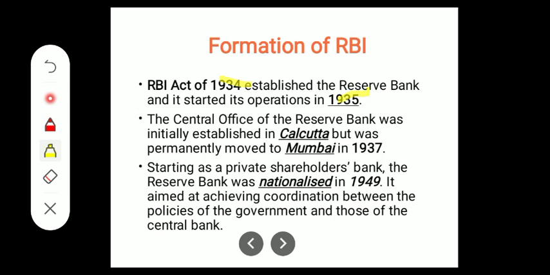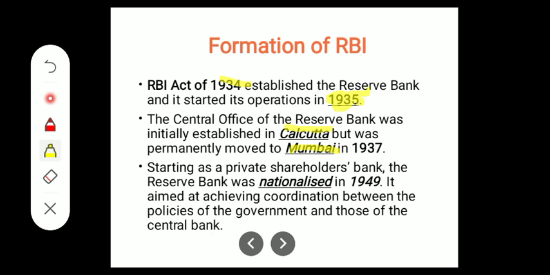So in this case, the Act was introduced in 1934, then RBI started the operation in 1935. The Reserve Bank was initially established in Calcutta, but was permanently moved to Mumbai in 1937. Okay. Meaning, the headquarters was shifted from Kolkata to Mumbai.